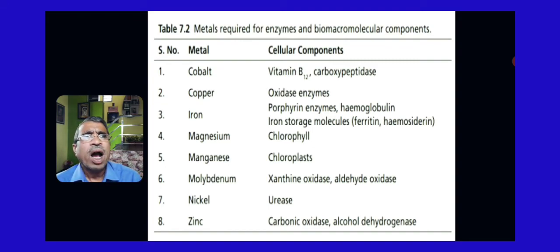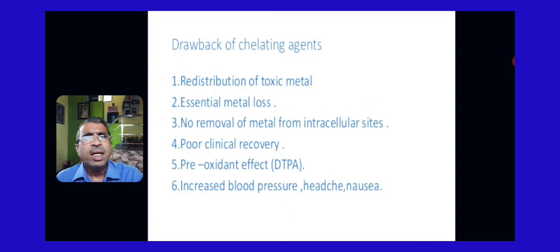So like this we have chlorophyll, chloroplast, urease which contains nickel, carbonic oxidase, alcohol dehydrogenase which contains zinc. These are all the various other examples of the cellular components containing the metal ions, which are also the examples of the chelates.